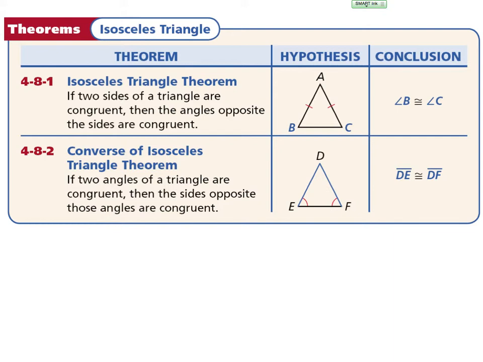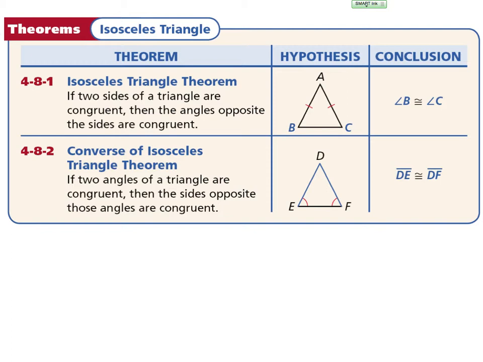The two theorems related to isosceles triangles talk about the base angles and the sides. I know you have to add some words there. The first one is called the isosceles triangle theorem because you need an isosceles triangle to use it.